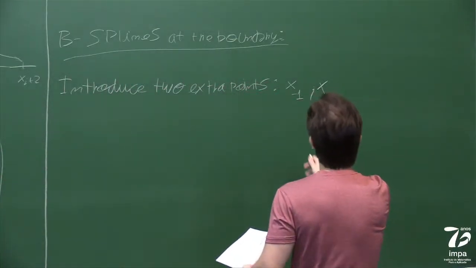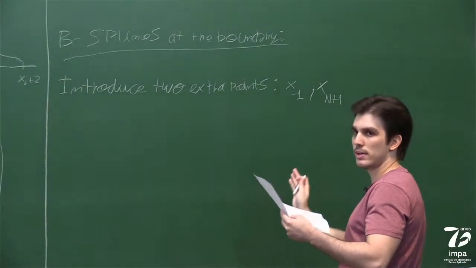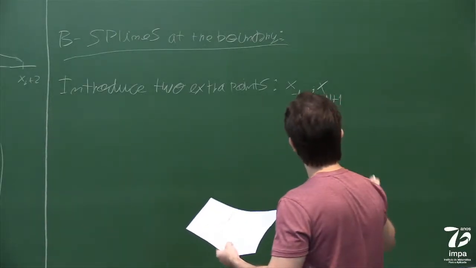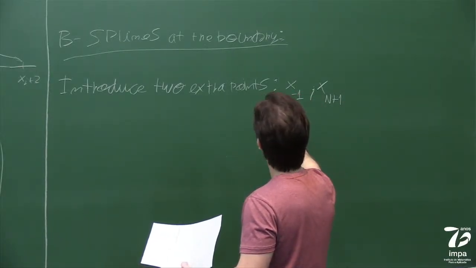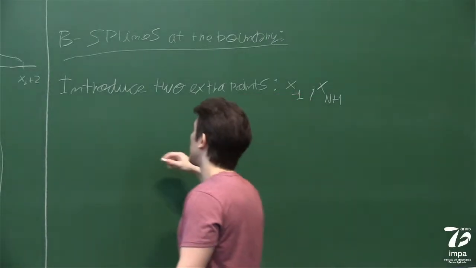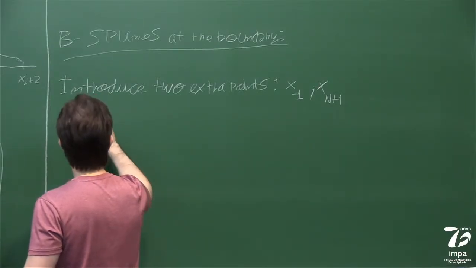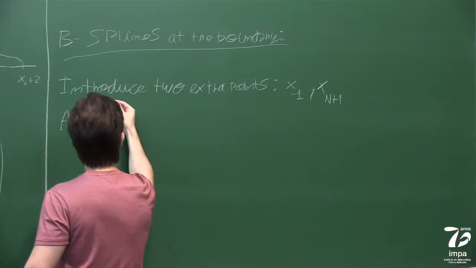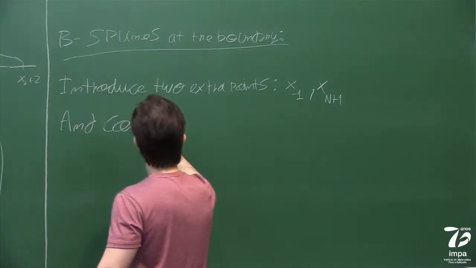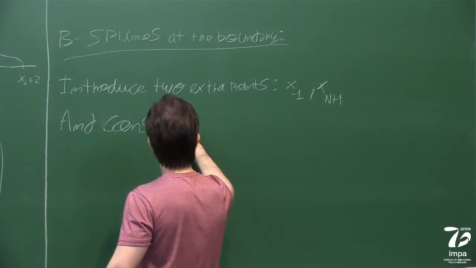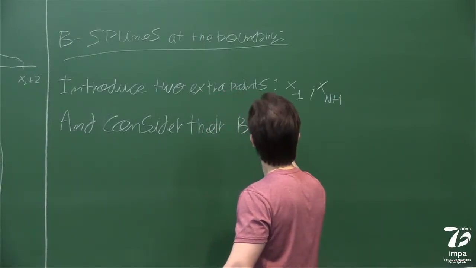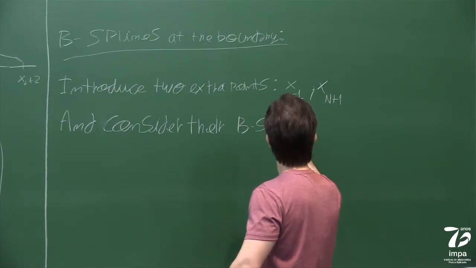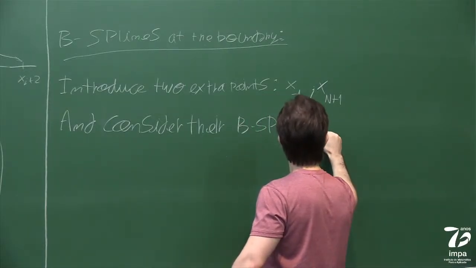Now we introduce two extra ghost points far left of the boundary and far right of the boundary, and consider the B-splines at each of them.